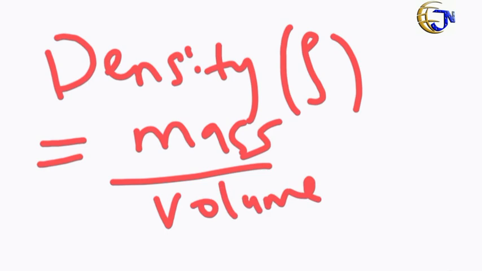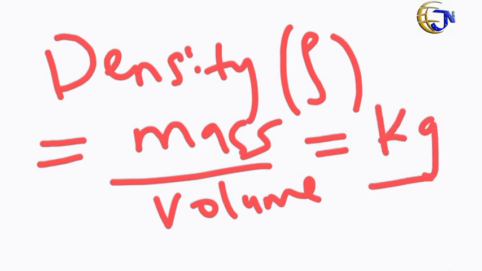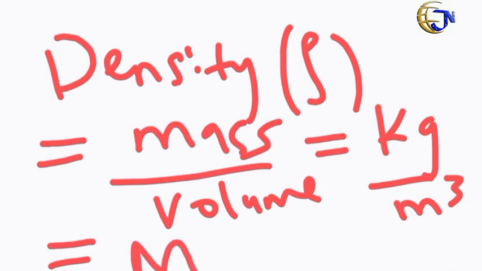So now mass is in kg and volume is in meter cube. So the dimension for density, kg will give us the mass M, and then the length, which is meter cube, is L raised to power 3. So this is the dimension for density.